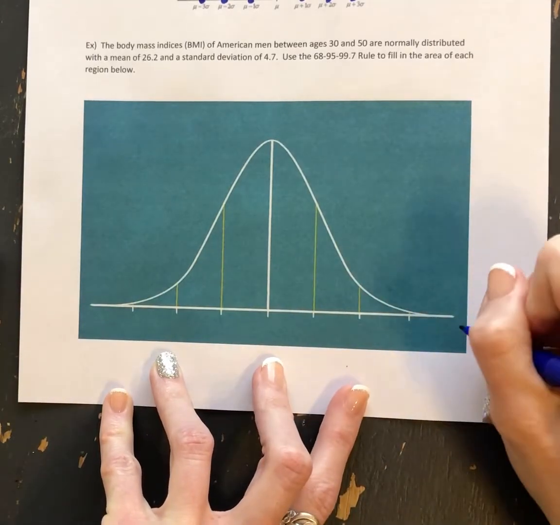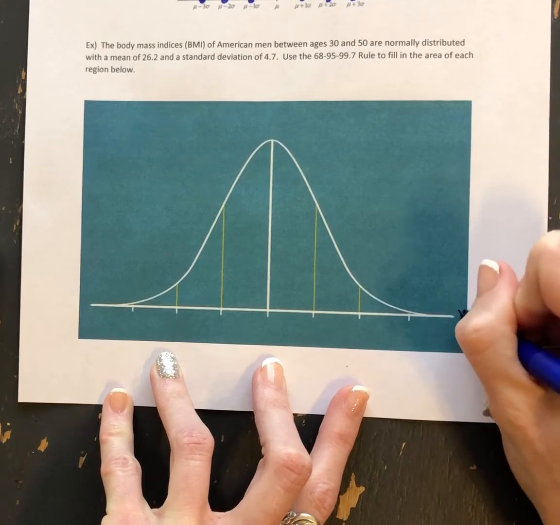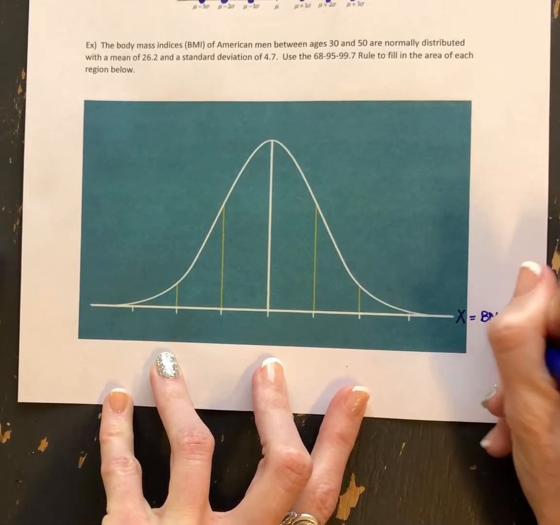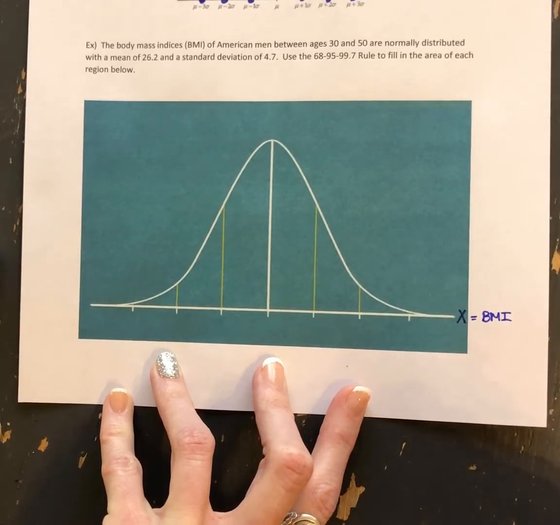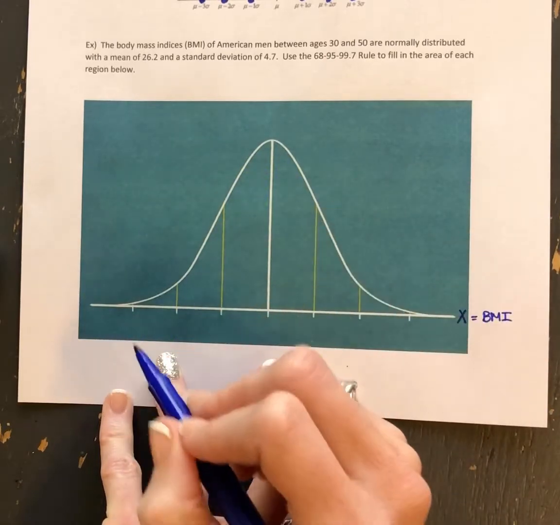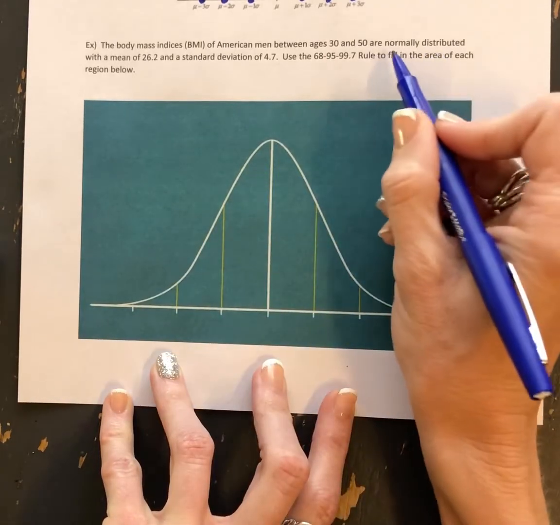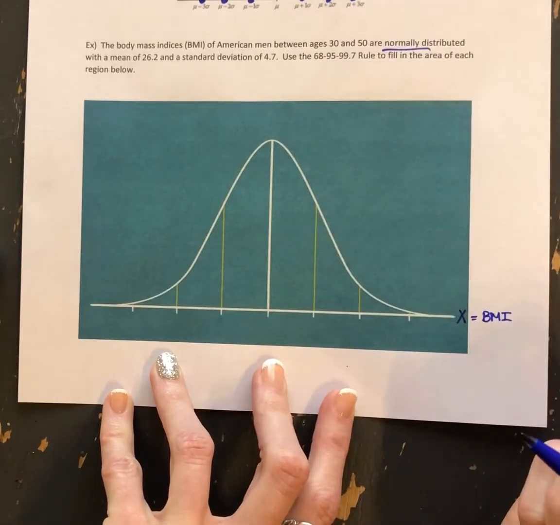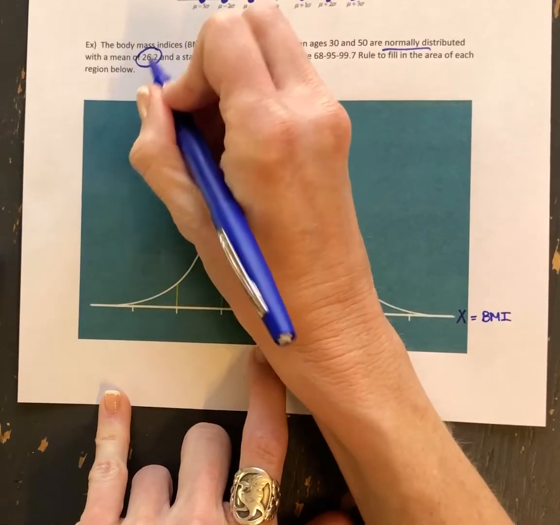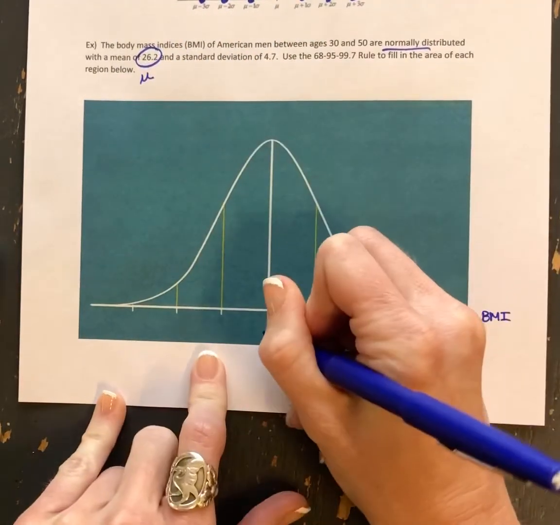So I'm going to start here labeling our horizontal axis X, where X is measuring our body mass index. The distribution of body mass indices we drew as a normal bell-shaped curve because it told us that the body mass indices were normally distributed. The center we know is going to be at the mean, which we were given is 26.2.